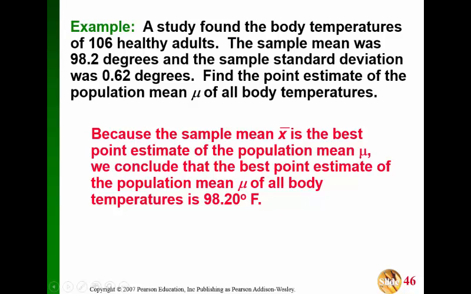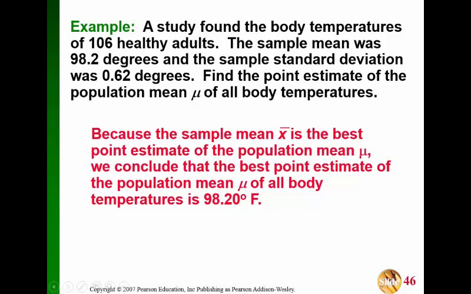Now, they didn't say this is from Minnesota, but our author is from Minnesota, so this is probably the adults from Minnesota. But they're trying to generalize to all the country, so that's a bad sample. Anyways, if we're just to stick with Minnesota people, then the average body temperature for all Minnesotans, based on this, would be 98.2.